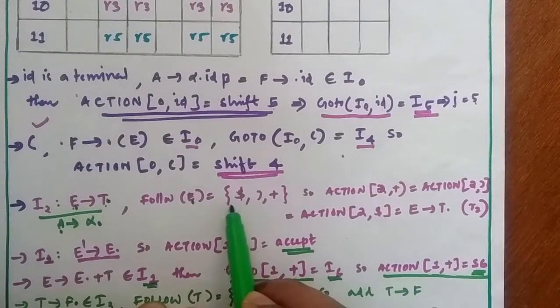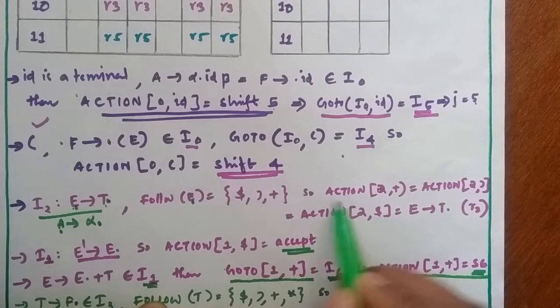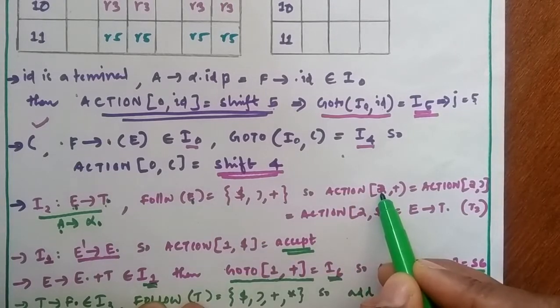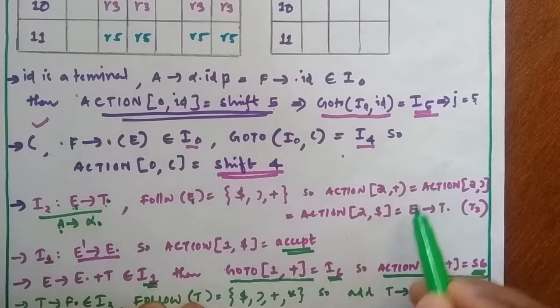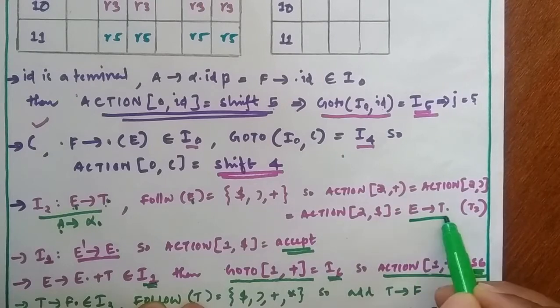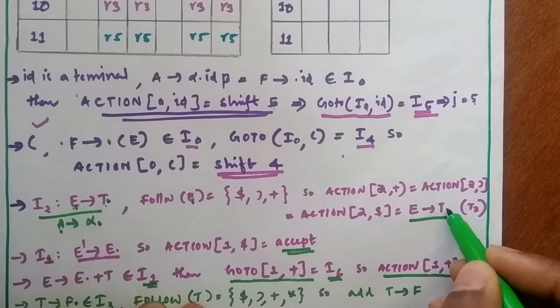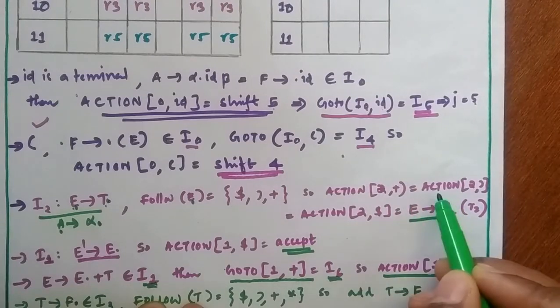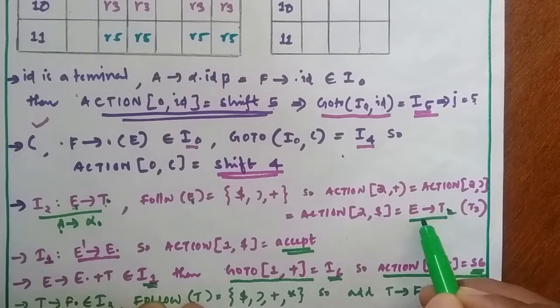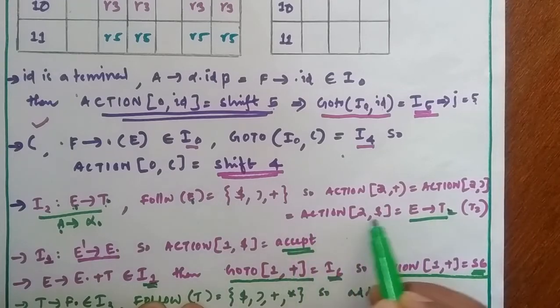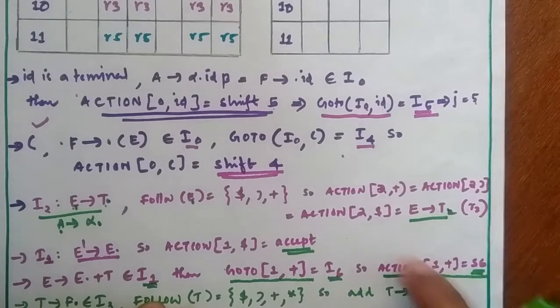So action table state 2 plus contains E gives T. Similarly, action table 2 right bracket contains E gives T, and action table 2 dollar contains E gives T. So E gives T is our R2.